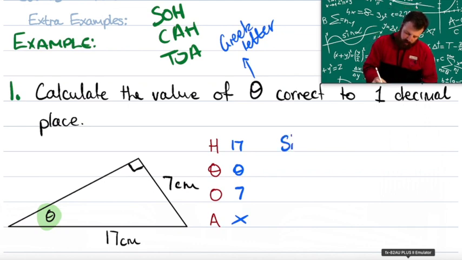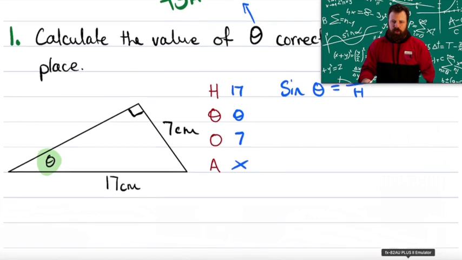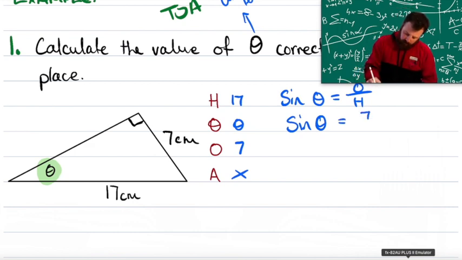We know that sine of theta is equal to the opposite over the hypotenuse. So substituting the information, sine of theta, because theta is our reference angle, is equal to 7 over 17.